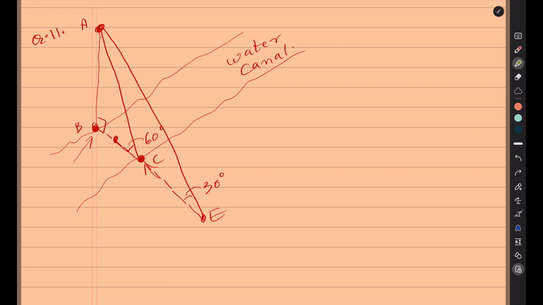Now the question is, can you find the height of the tower and the width of the canal?